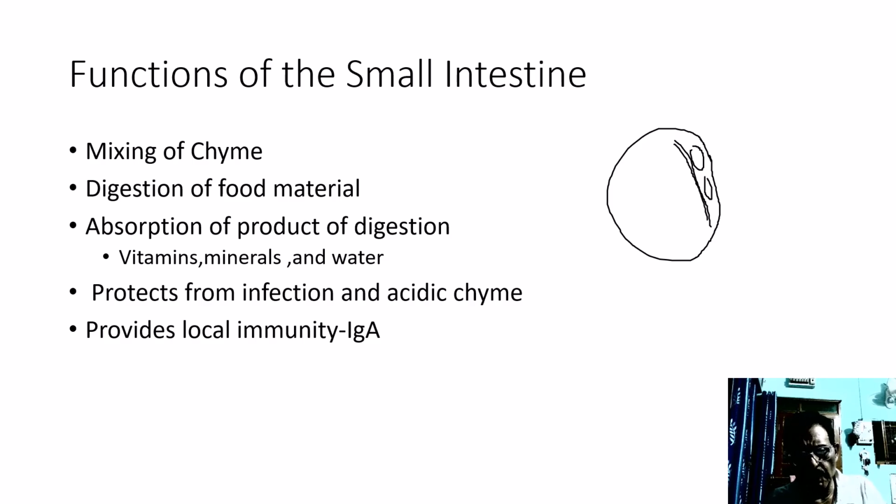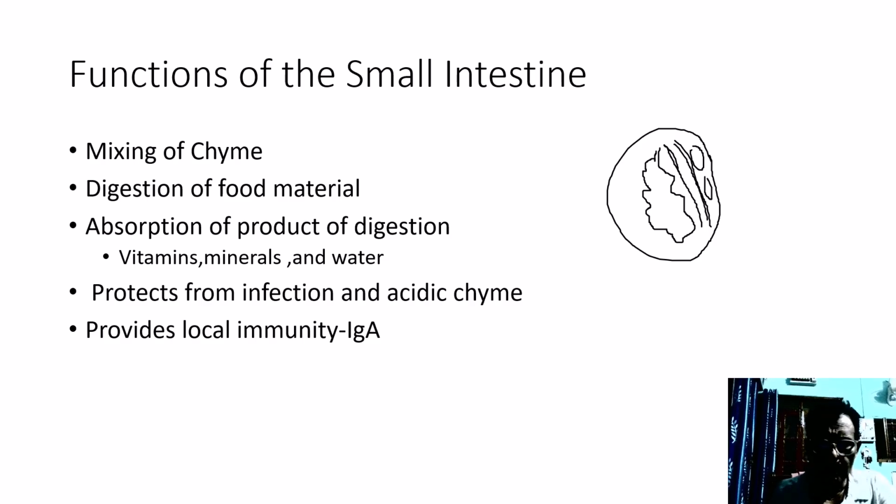Then the submucous layer and the mucous layer. This is the general structure of the GIT with some differences in the duodenum, jejunum and ileum.